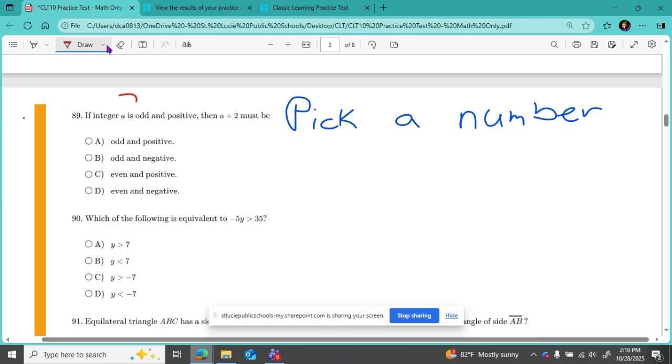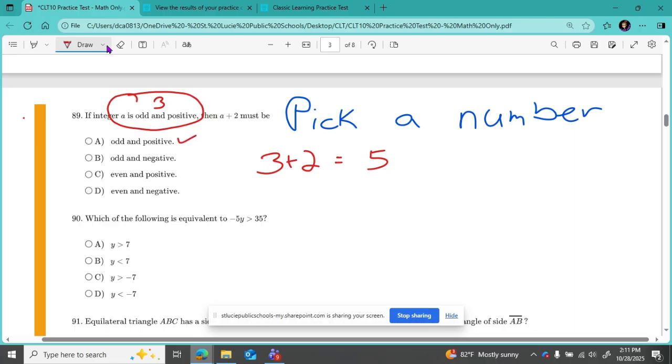So what's an example of a number that is odd and positive? I never want to use the number 0 or 1 when I'm using this strategy. So I'll give myself another easy odd positive number, 3. So 3 plus 2 must be what? 5 is odd and positive.